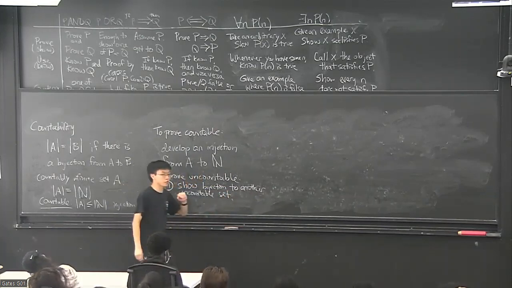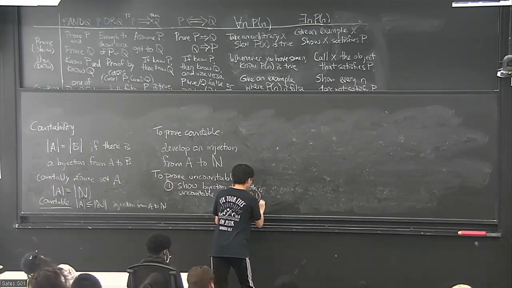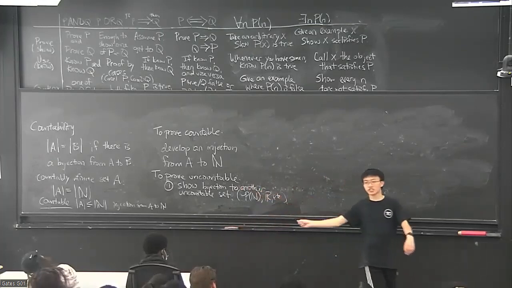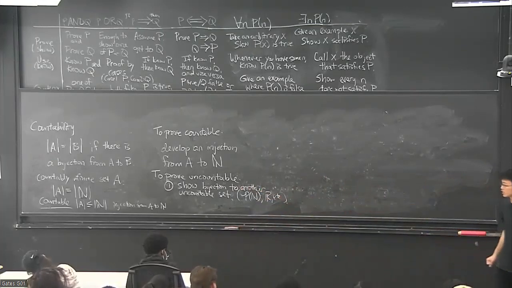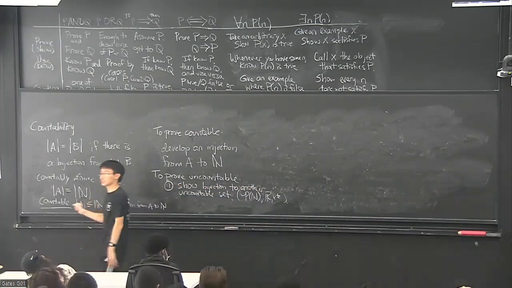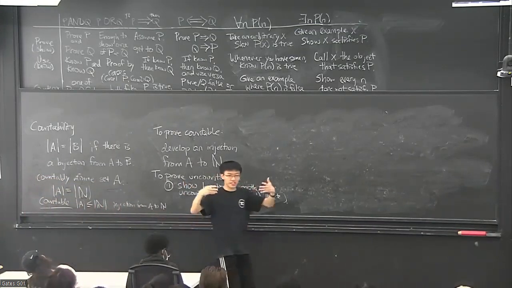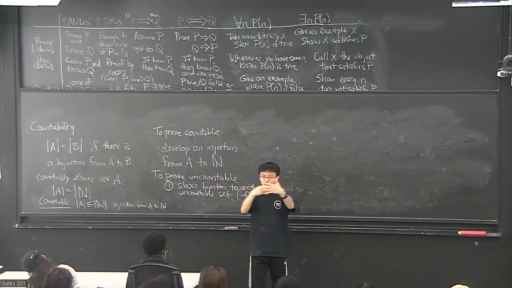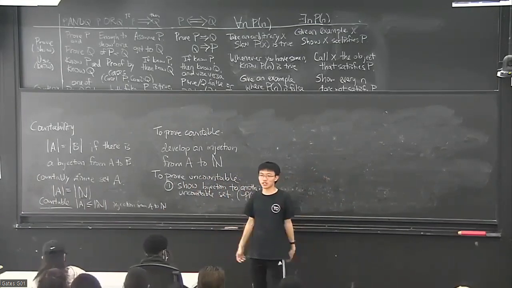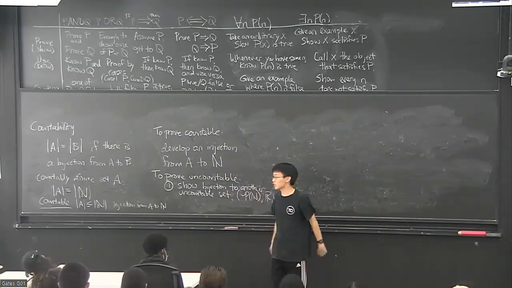I'll give some examples: the power set of the naturals, the reals. So you know the power set of the naturals is uncountable, and maybe you get some other new set. To show that the new set is uncountable, you can give a bijection, a perfect matching between your set and the power set of naturals, or between that set and the real numbers, and that shows you that it's uncountable.